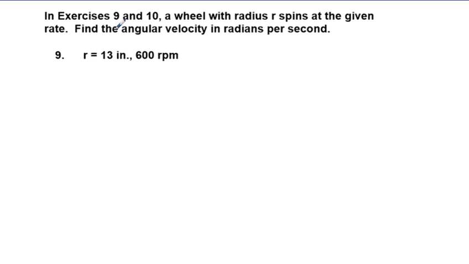Okay, this one here, in exercises 9 and 10, a wheel with radius r spins at a given rate. Find the angular velocity in radians per second. We're given revolutions per minute, and we're given a radius. Essentially we are going to get 2 pi radians per revolution.